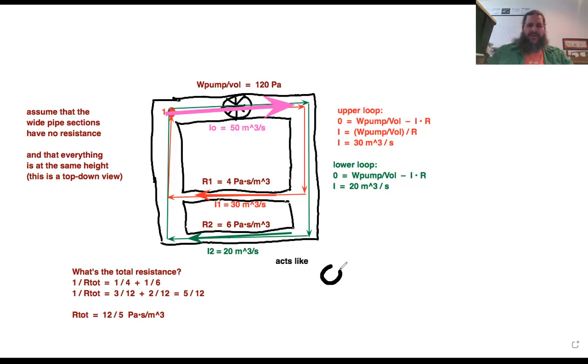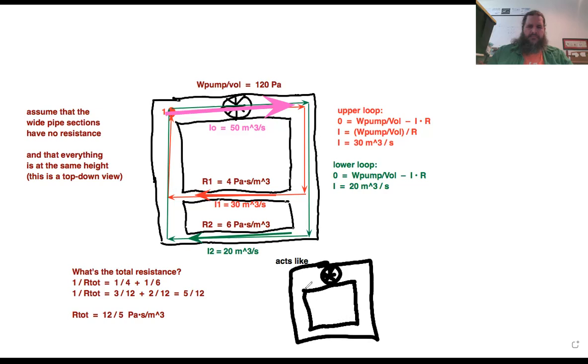We don't need to simplify the pump itself. And just one single pipe. And we can say that that pipe has the effective resistance, the total resistance of 12/5.